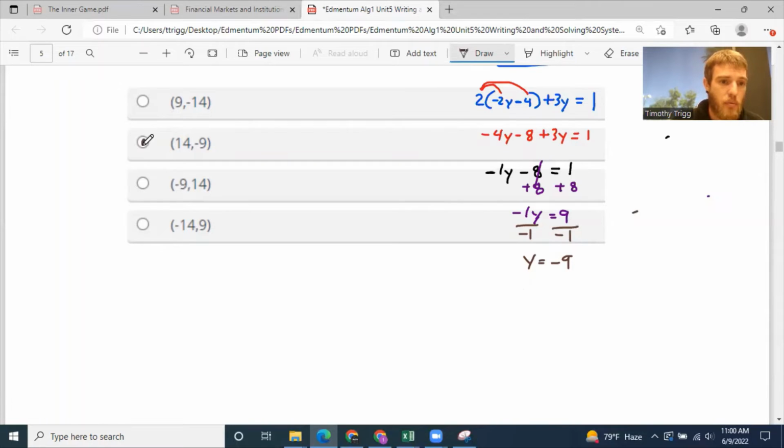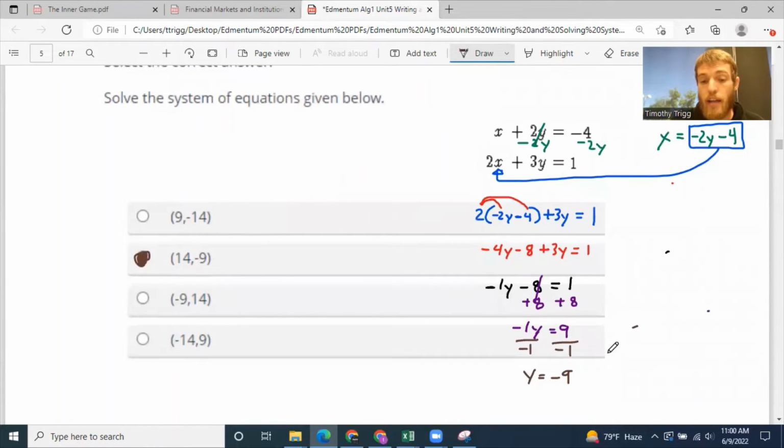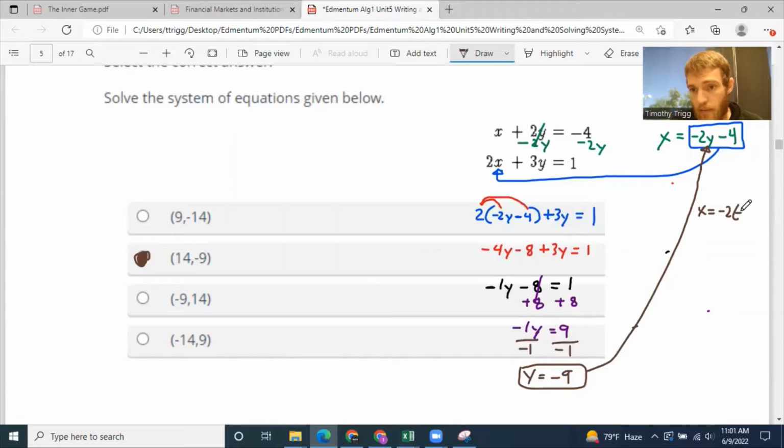Well, that means it has to be this one, doesn't it? This is the only one that has a y value of -9. But if you want to solve for x, it'd be pretty easy. You just take this value of y, -9, and substitute it into this equation, giving us that x equals -2 times -9 minus 4.